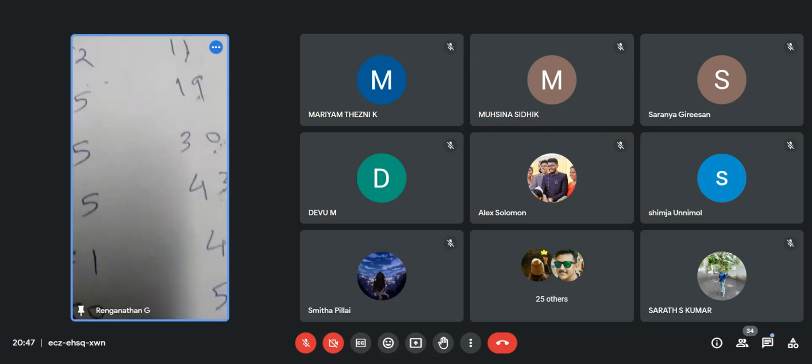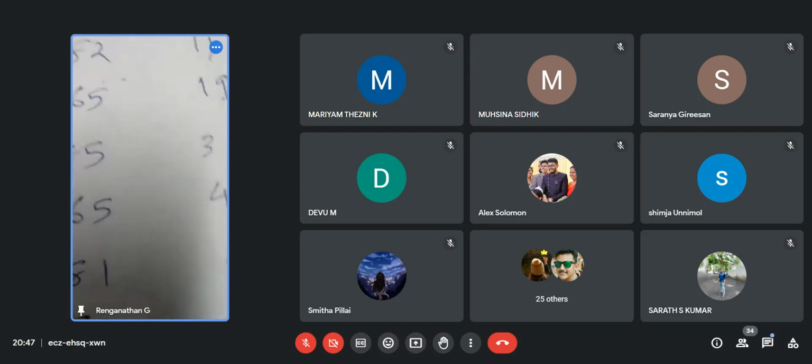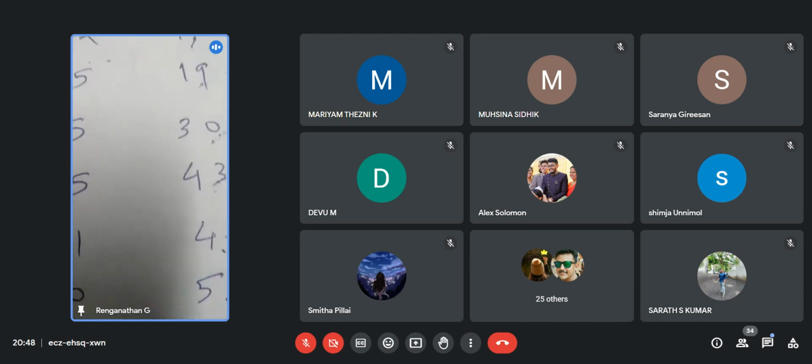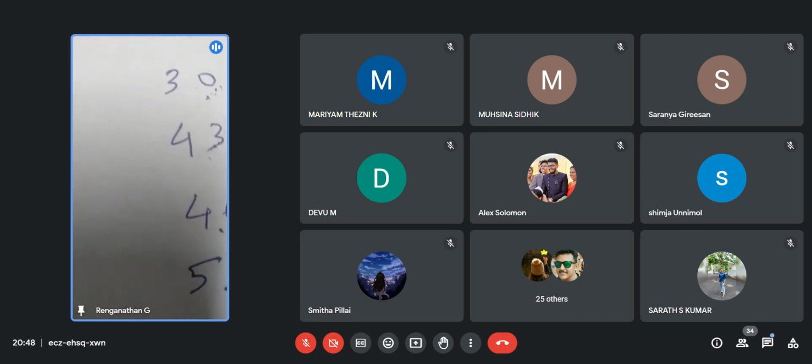Now, write this sentence. Since the calculated value 0.087, isn't it? That's the Z value. The Z value is the calculated value. Since the calculated value 0.087 is less than the table value 1.96, we found that the table value is 1.96, isn't it?